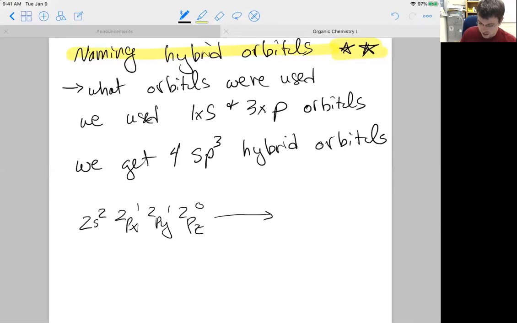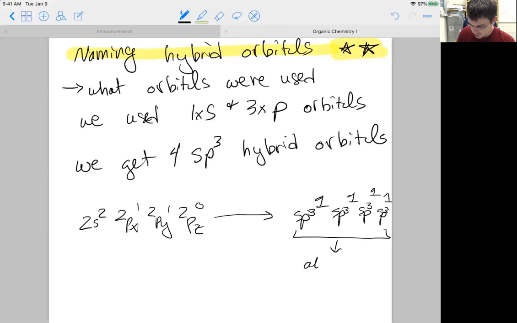And to prepare for bonding, we now have an sp3 1, sp3 1, sp3 1, sp3 1. Okay, so the orbitals all look the same.